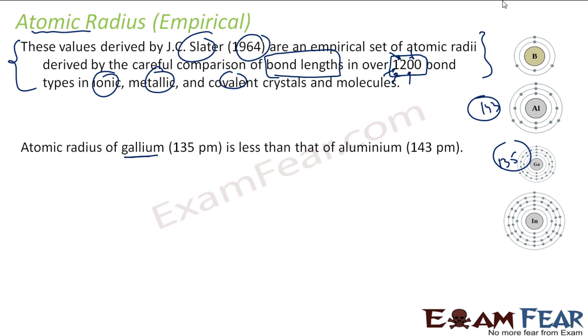Let's first try the electronic configuration, because that gives a good picture of what the atom is. Aluminium's atomic number is 13 here, and this is 31. So aluminium is 13, let's write the electronic configuration: 1s2, 2s2, 2p6, 3s2, 3p1.